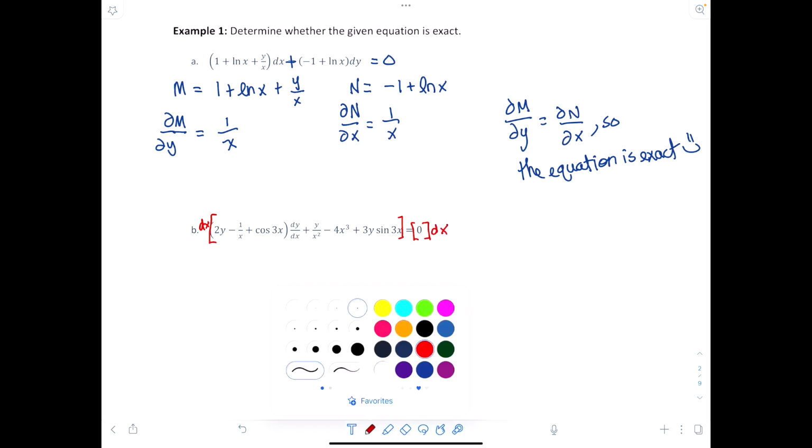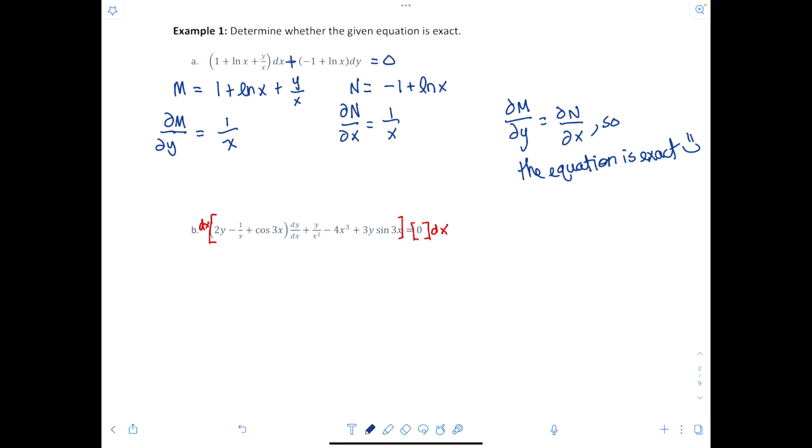And when we do so, we will have the quantity 2y minus 1 over x plus cosine at 3x dy plus, you see the rest of the terms can be grouped with the dx.